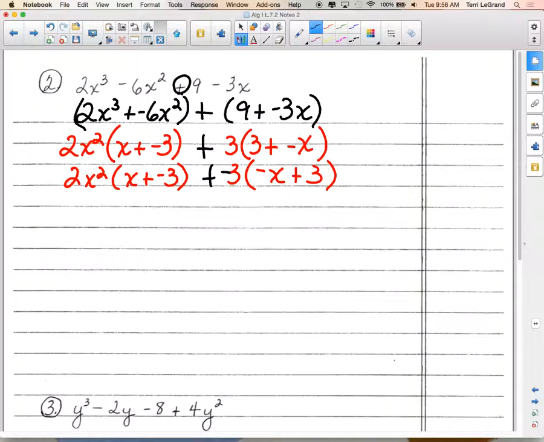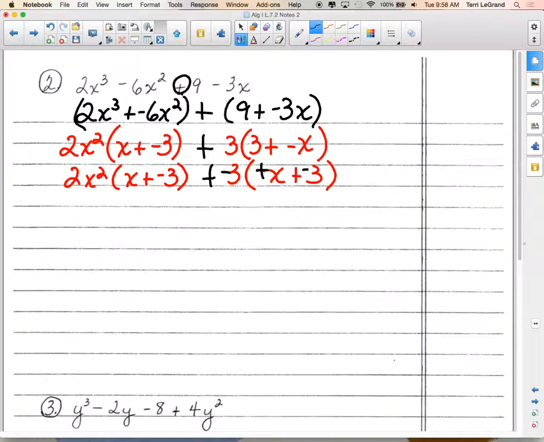And when we take negative 3x divided by negative 3, we're going to get a positive x, aren't we? And when we take 9 divided by negative 3, we're going to get a negative 3. And now they match, don't they?